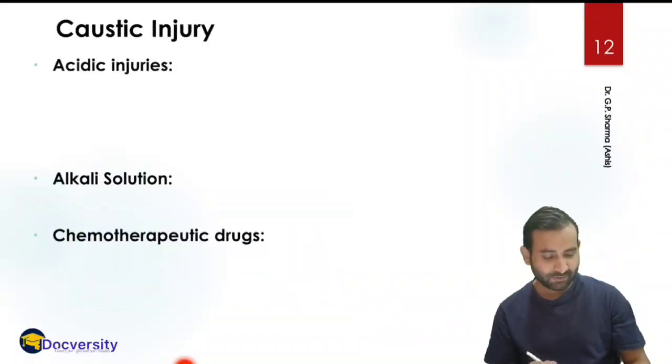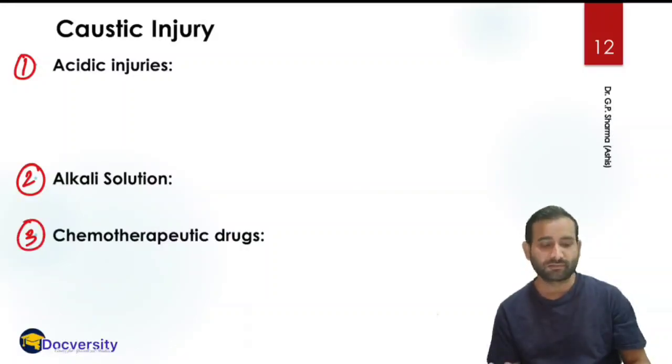Let's see over here something about caustic injuries. Here we see 3 types of caustic injuries: acidic injury, alkaline injury, or maybe chemotherapeutic drug injury. In this we have the acidic injuries. Acidic injuries, you know already, produce what?